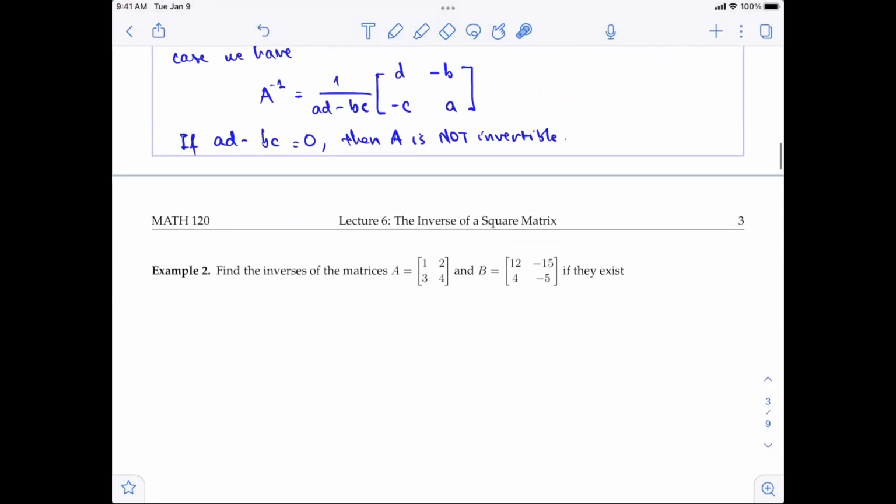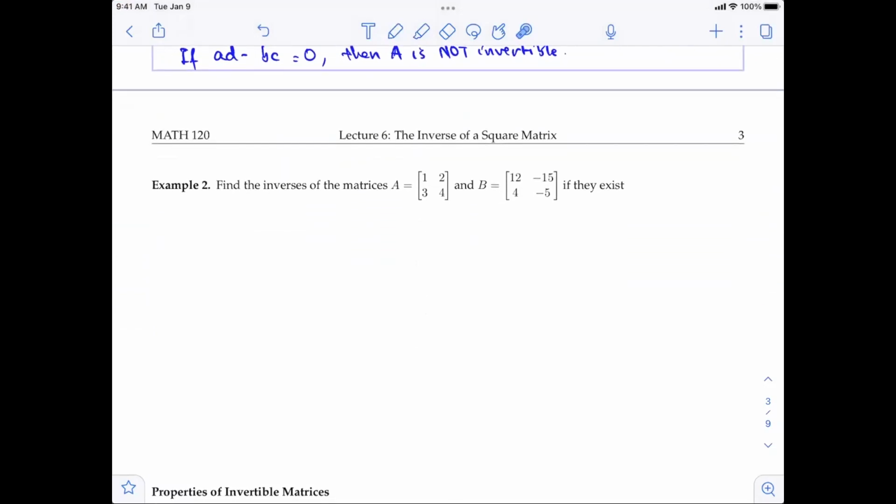Okay, so let's do some quick calculations to find the inverse of the following matrices. So A is equal to 1, 2, 3, 4. Then A inverse is 1 over AD minus BC. So the product of the main diagonal subtract the product of the off diagonal. So 1 times 4 minus 3 times 2, multiplied with the matrix.